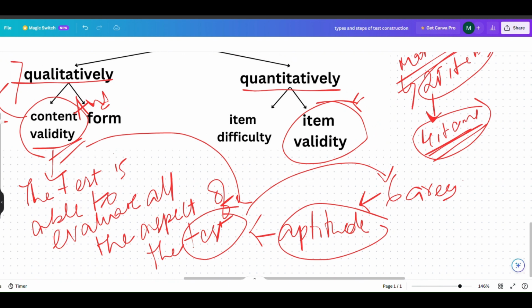Like for the 6 areas, if one area's item is something, is that item able to measure that one area? That is item validity in short. Content validity is whether the entire test is able to measure what it is supposed to measure. Item validity is about the particular single item: is it able to measure that particular area or not.